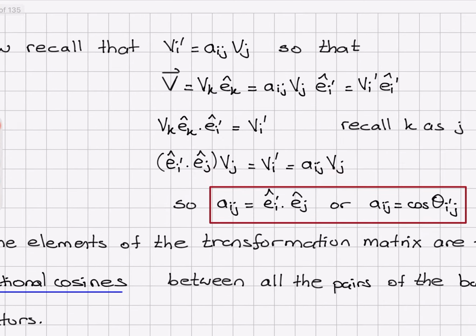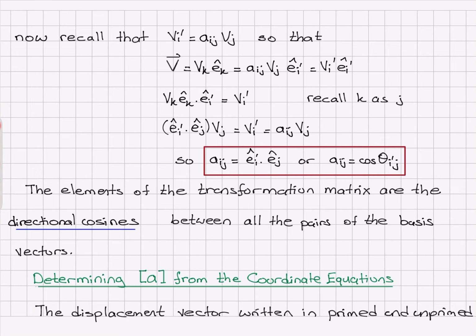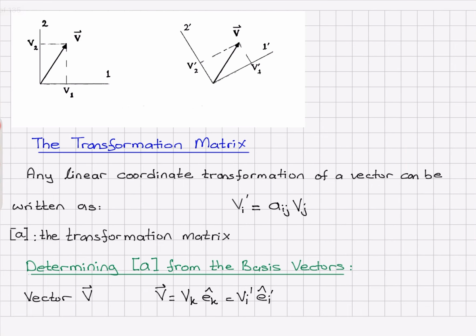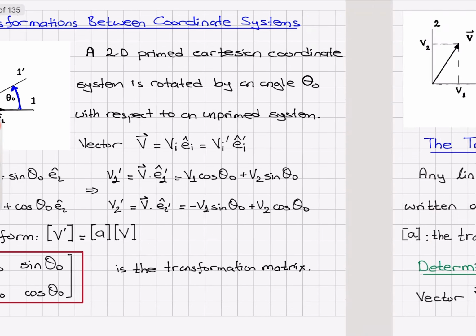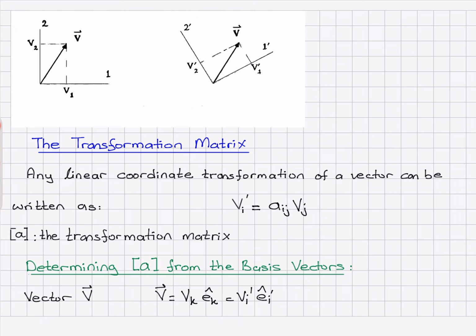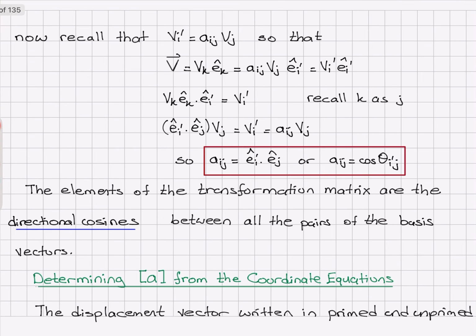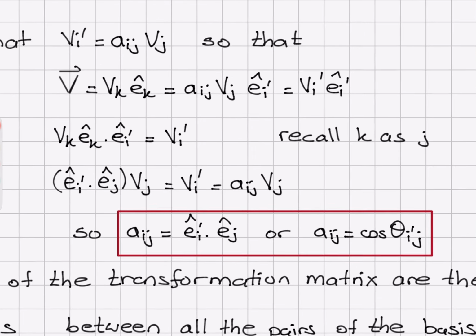And the components v_i prime are found to be A_ij v_j. So that's what we have shown here in general. So it's a summation over j where we obtain the ith component of the primed vector. And if vector v is v_k e_k hat, and that's also equal to v_i prime e_i prime hat, where v_i prime is A_ij v_j e_i prime hat.